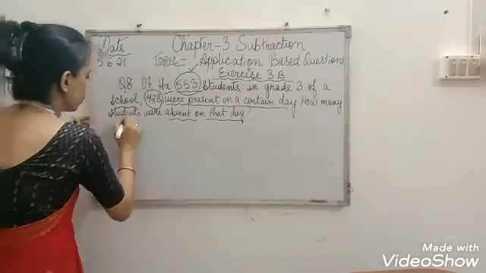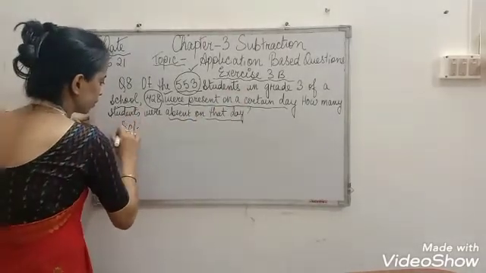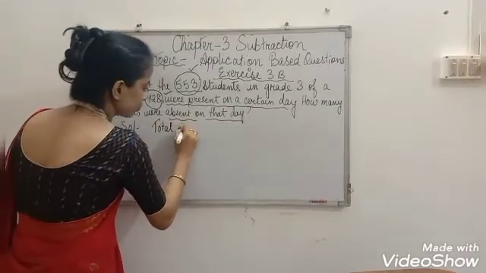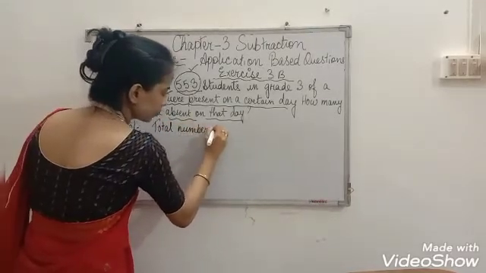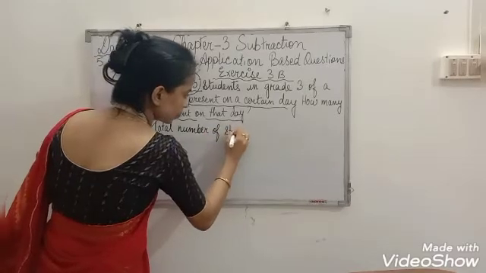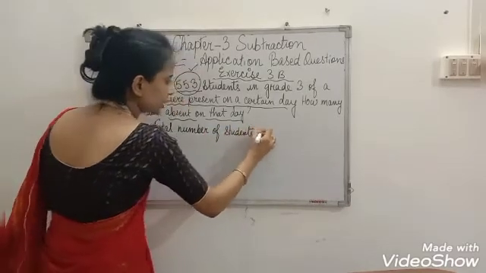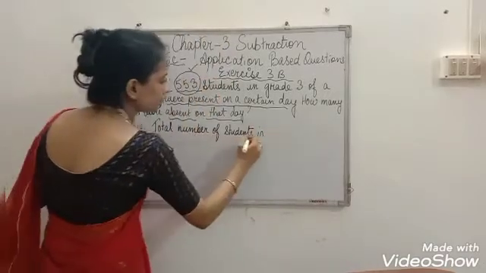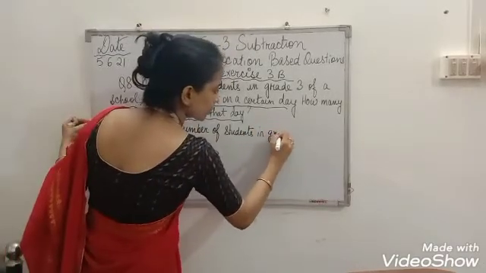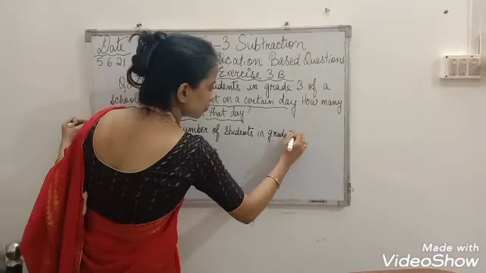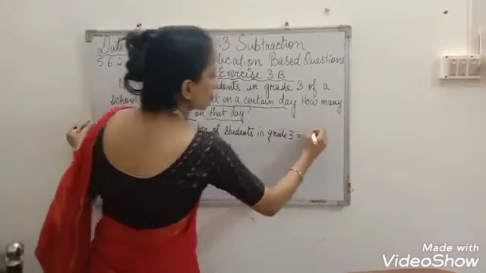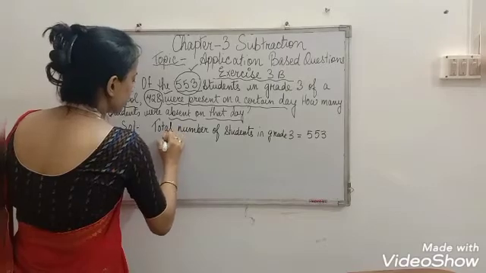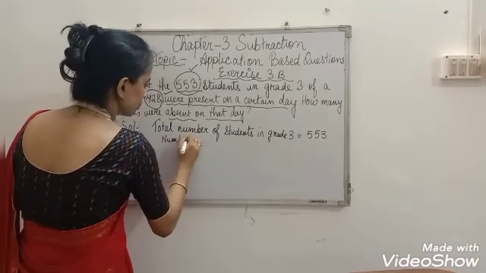Alright? So, total number of students in grade 3, 553. Number of students present.